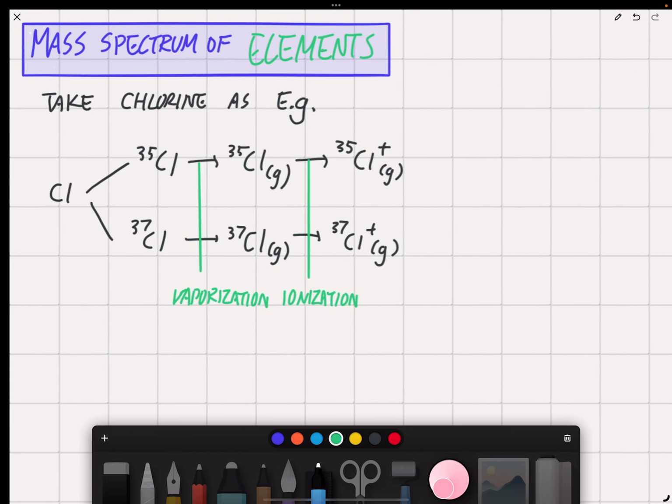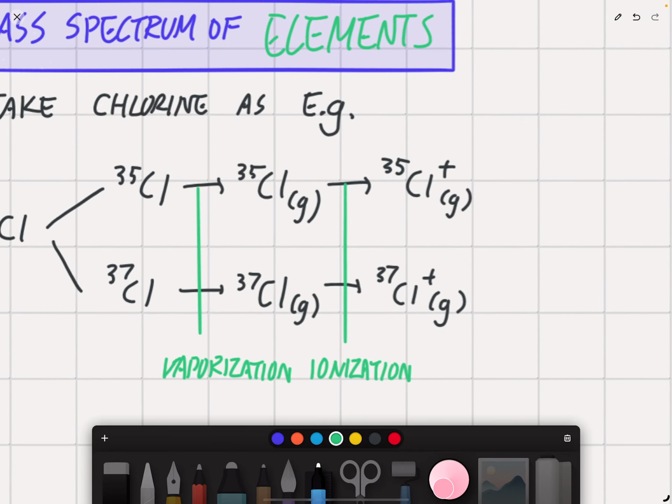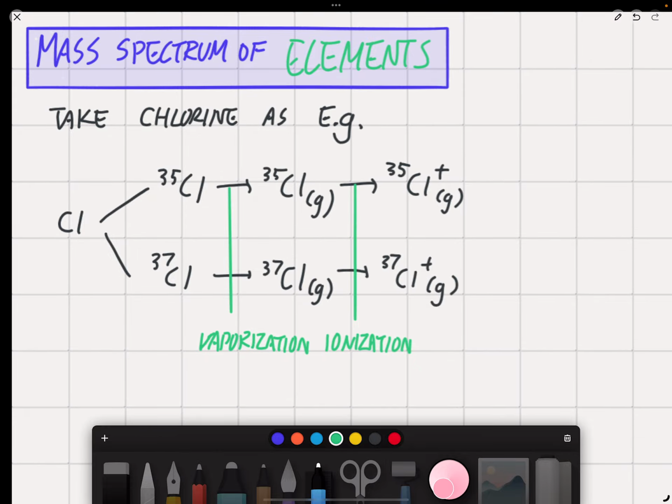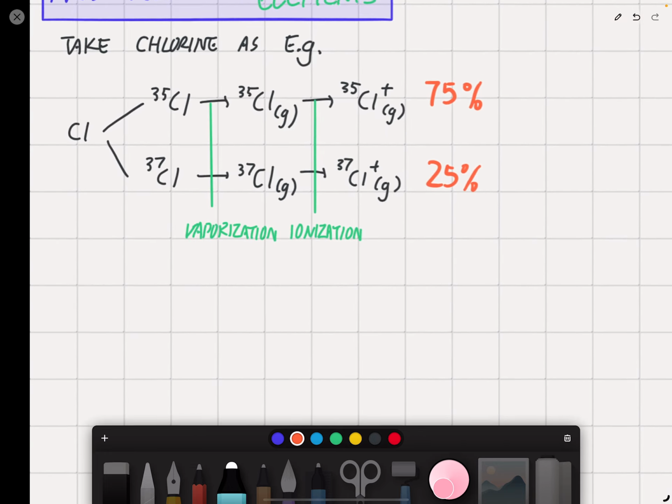Eventually we'll have some information about the abundance of chlorine-35 and chlorine-37. We found that there are more samples hitting the detector for 35Cl+, and fewer samples hitting the detector which come from the 37Cl+ ion.